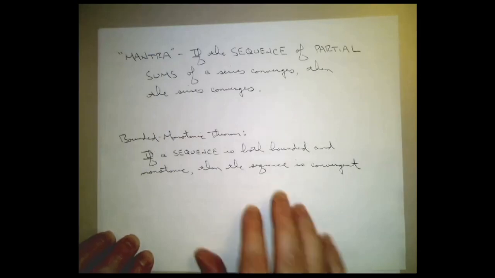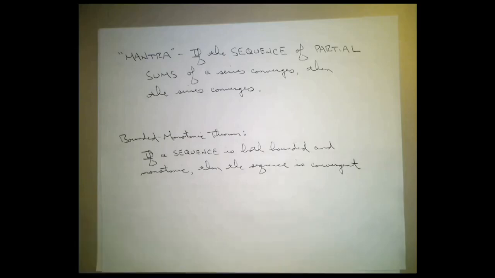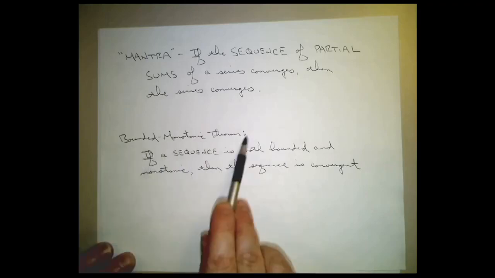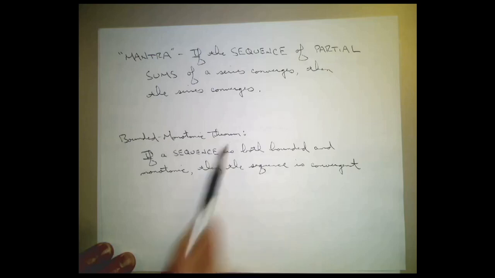And we're going to use our mantra again to prove that alternating series with the characteristics that we've talked about converge. And we're also going to use, you'll recall, one of our main tools for sequence convergence, the bounded monotonic convergence theorem. It says that if a sequence is both bounded and monotonic, then the sequence is convergent.